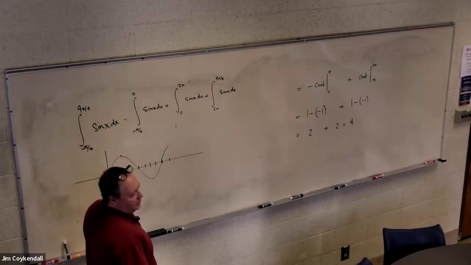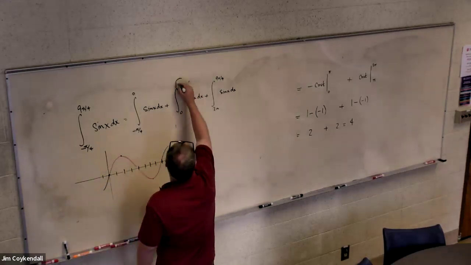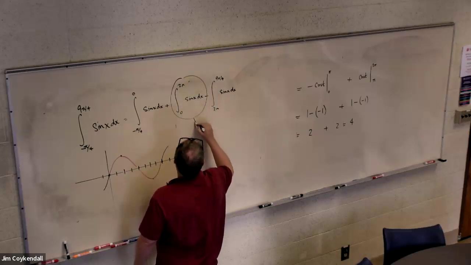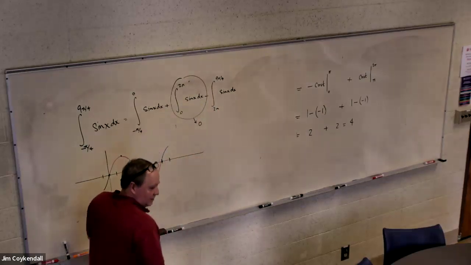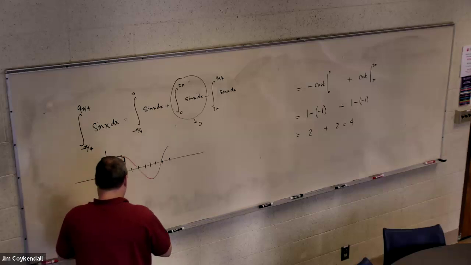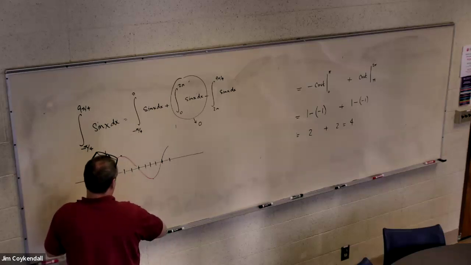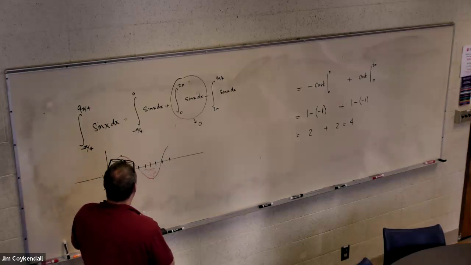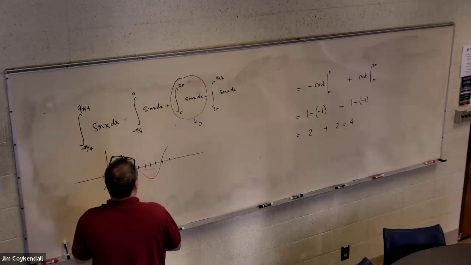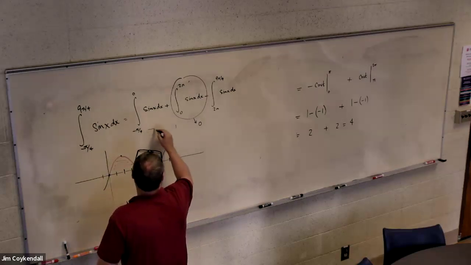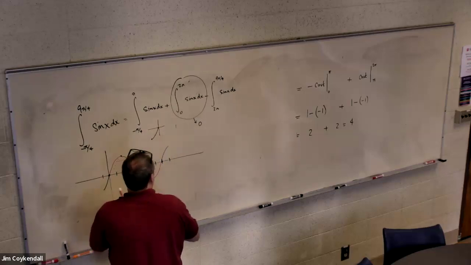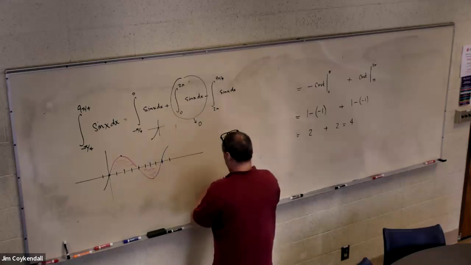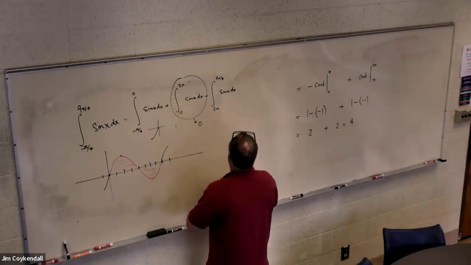Well, there are many ways you can do this, but notice this piece right here, because there are two cancellations. So really, what you have here is this bit right here and this bit right here.